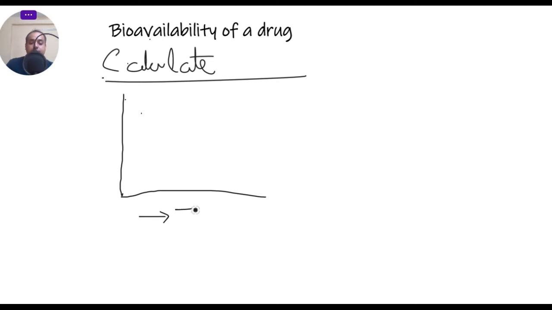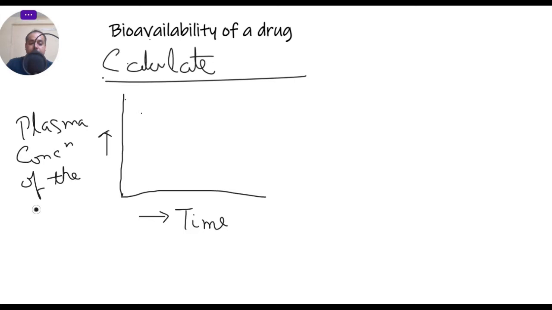So on one of the axes, we are plotting time. And on the other axis, we are plotting the plasma concentration of the drug. In that plot, this is the kind of plot that we are going to get, right?